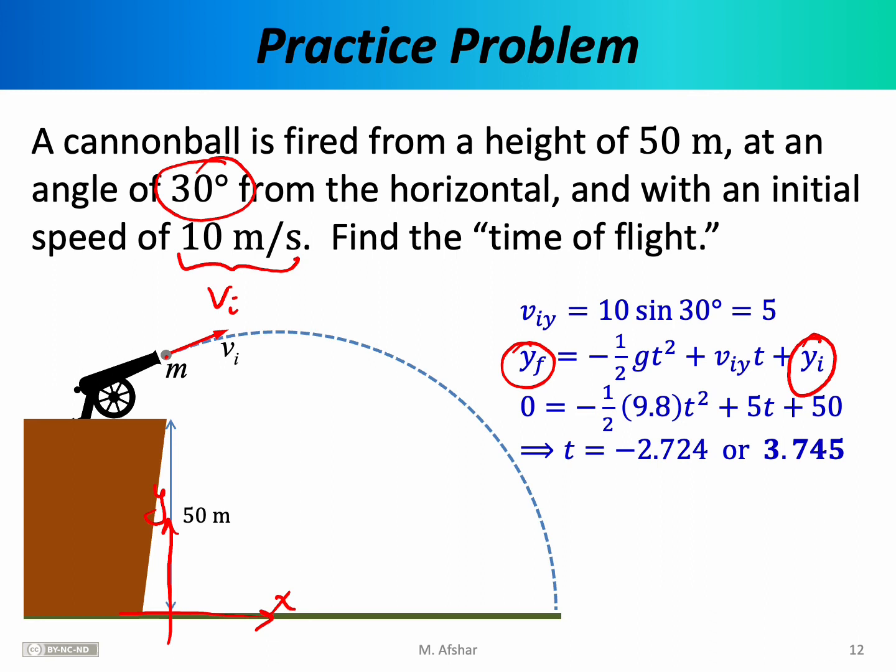Of these two solutions, we're going to reject the negative one, meaning that we can't have a projectile landing on the ground before it was fired, and we're going to say that the positive solution to the quadratic formula is the correct answer. So the time of flight in this problem ends up being 3.745 seconds.